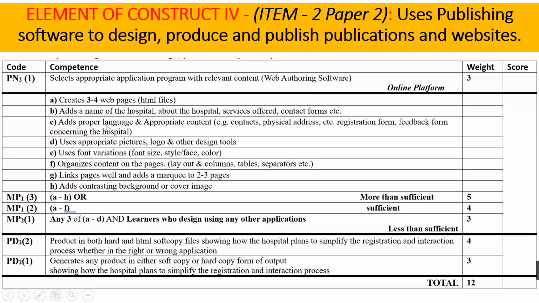Yes. Have you added information like the website, the hardware name, about the hardware, etc? So that is the score sheet for that very item. Have you managed to include contacts, physical address, registration form, a feedback form, etc?